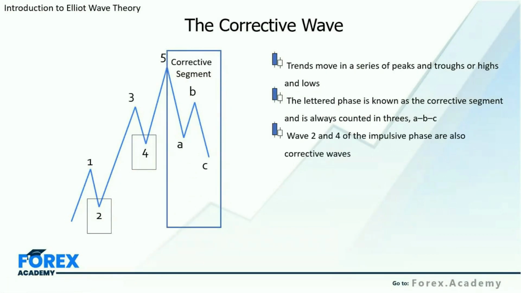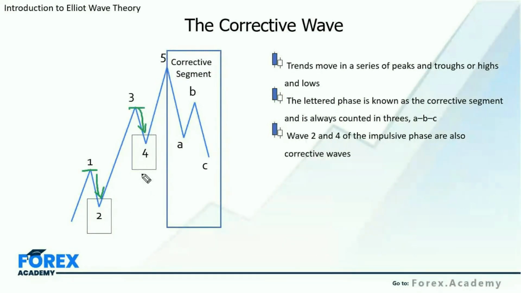So highlighting wave number 2 and number 4 of the impulsive phase, these are also corrective waves, because those are the lows that are created because of a correction of price. That just means we get a pullback to that low, and that creates our wave number 2 and wave number 4.